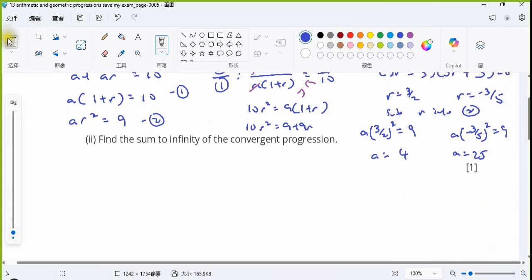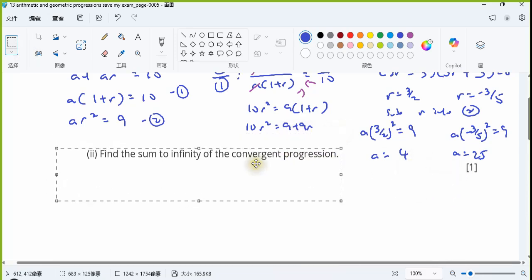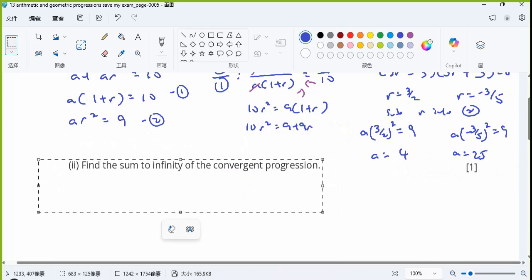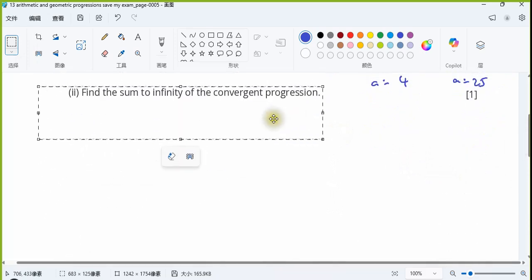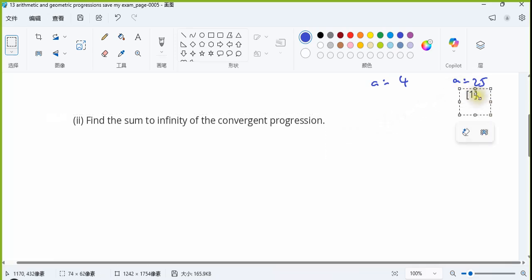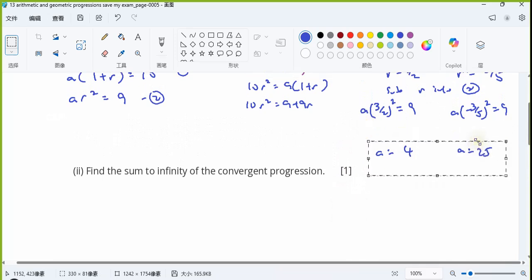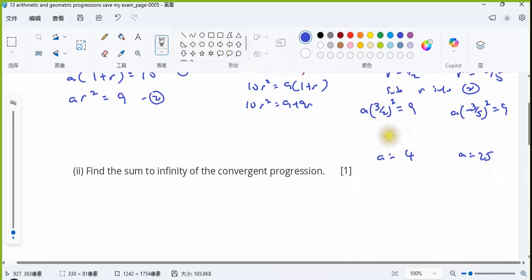And next, the question asks us to find the sum to infinity for the convergent progression. For the convergent progression, we know that the formula for S infinity is a over 1 minus r, with the condition that r is between negative 1 and 1.